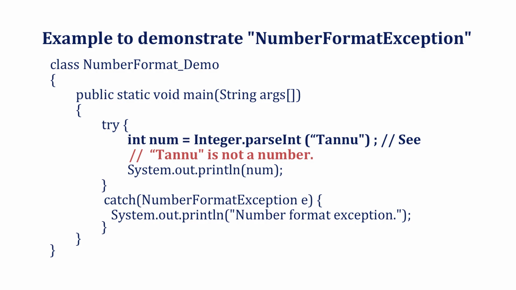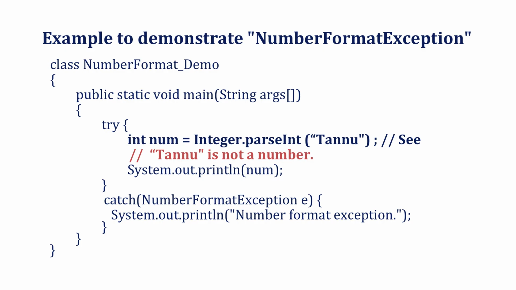A main function is declared here, and the try block starts right now. See what happens. A variable of type integer, num, is there, and we are trying to convert with the help of the Integer.parseInt method. We are trying to change the text Tannu. You may change this name, you can use anything else.